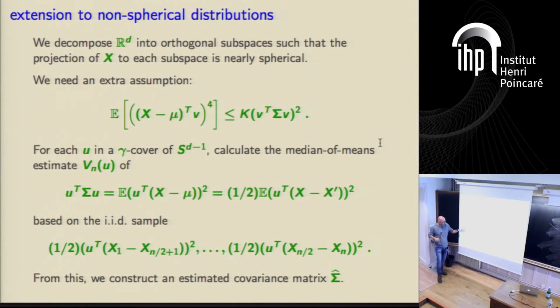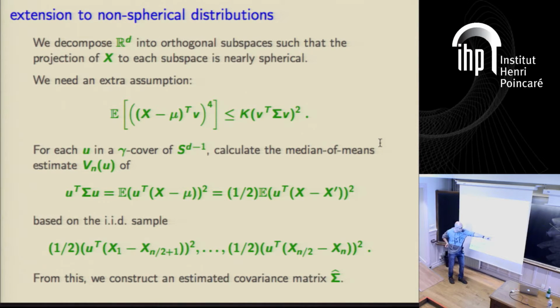And in each direction, now we calculate an estimate of the variance. Okay, so this is just the variance of the projection to the direction of u. And this can be done because the variance can be written in this form, right? If x and x prime are independent, identically distributed vectors, then the variance equals one half times the expected value of x minus x prime squared.